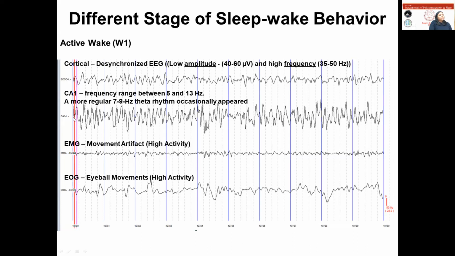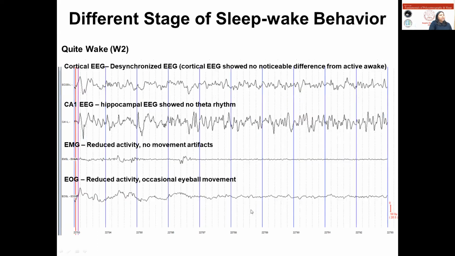The CA1 region of the hippocampus shows theta rhythm. EMG shows movement artifact, depicting high activity, and EOG also shows high activity due to eye movements. The other stage in wake is quiet wake, when the animal is stationary and sitting in one position.